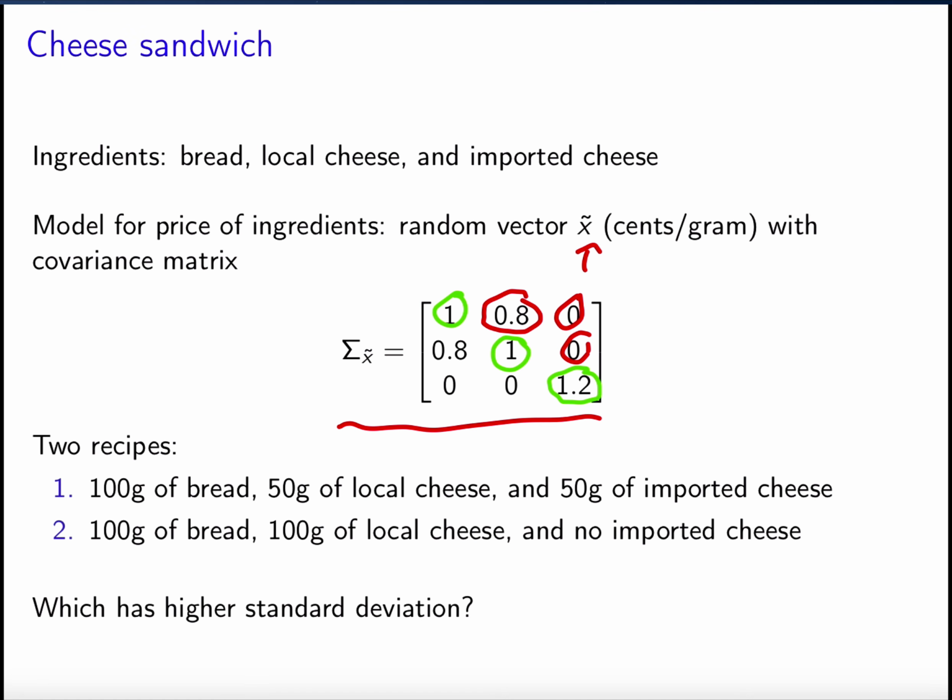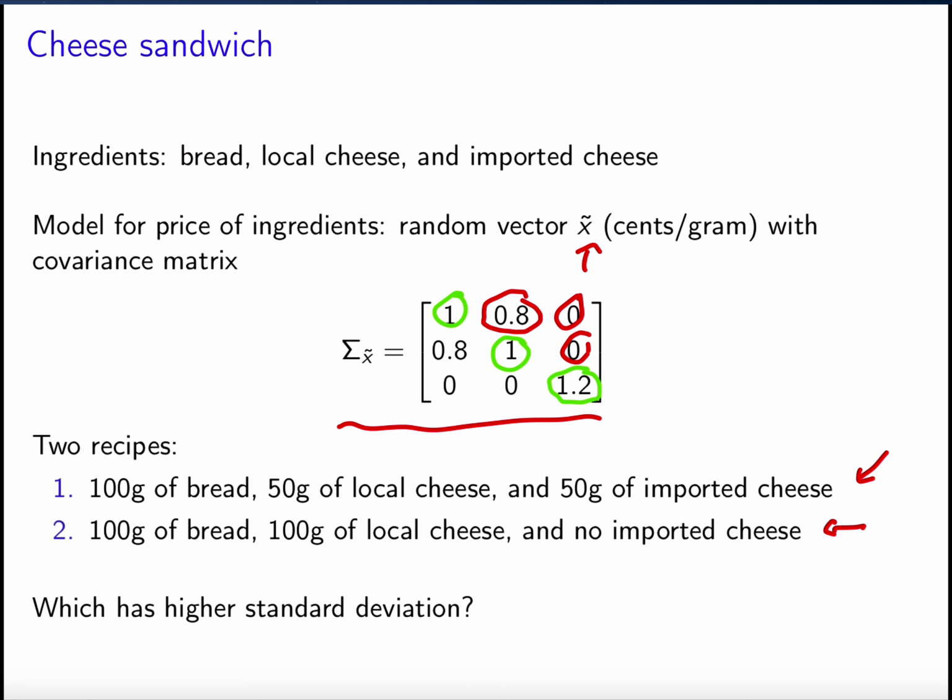So now this cafe is considering two different recipes. In one, they use bread and the two kinds of cheese. In the second, they just use bread and the local cheese. So the question now is, which of these recipes has the higher standard deviation or the higher variance?